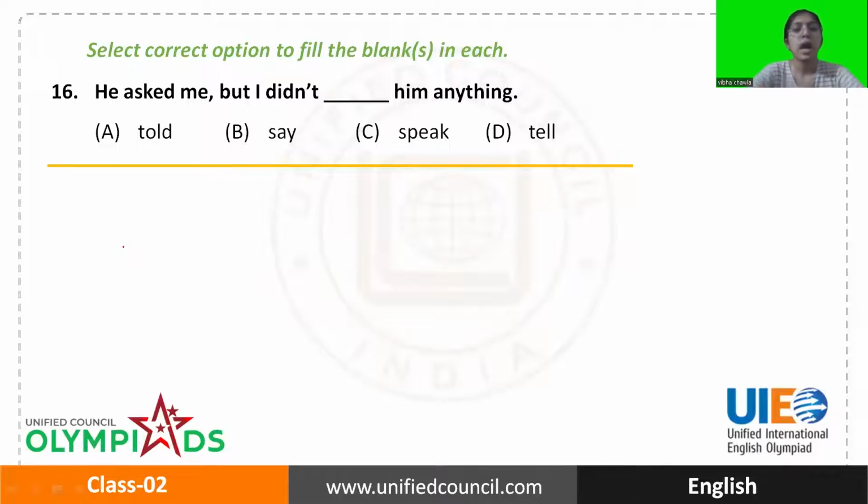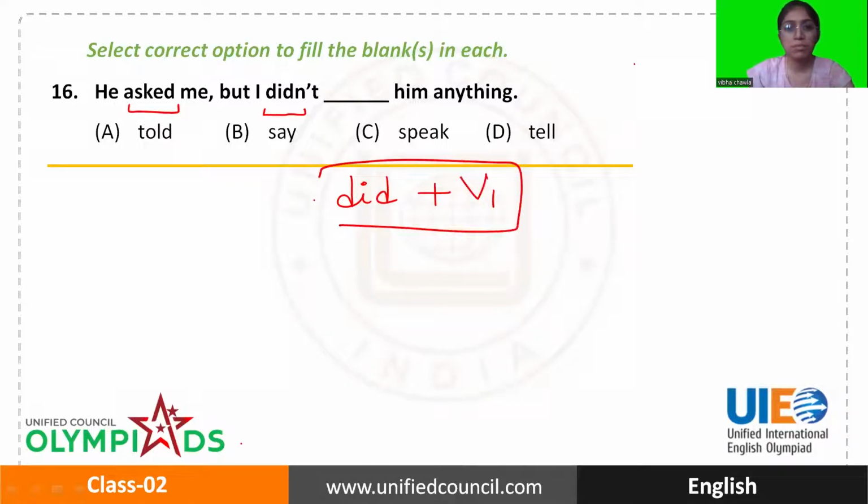Thereafter, we have the next question, which is question number 60. He asked me, but I did not blank him anything. Now see, he asked me, past tense. That's why we are using did, past tense. But after did, we always use the base form of verb, V1.